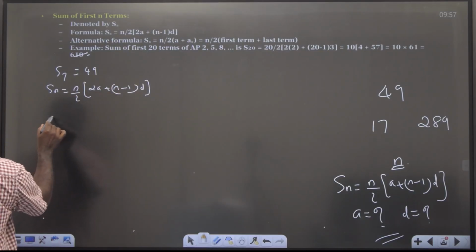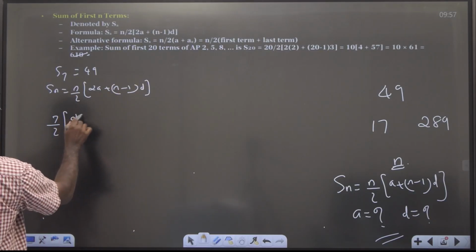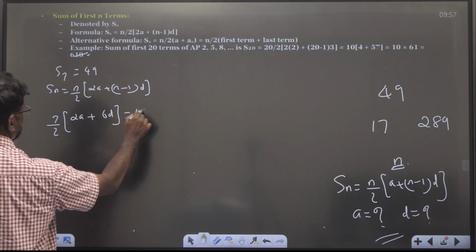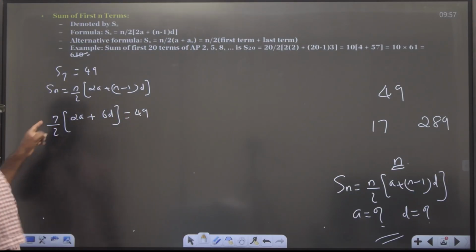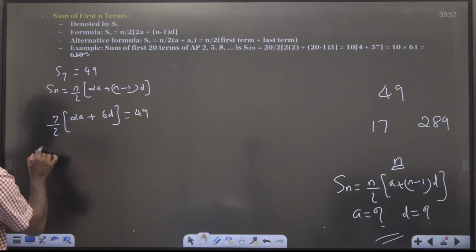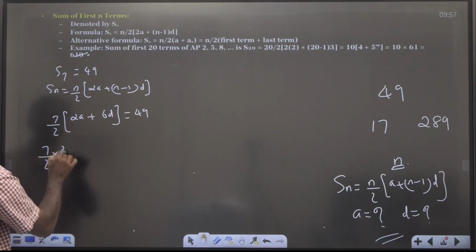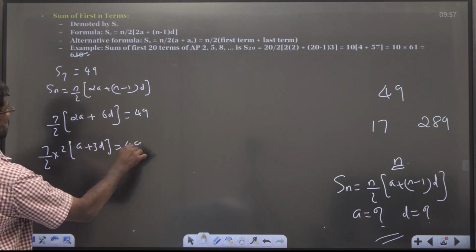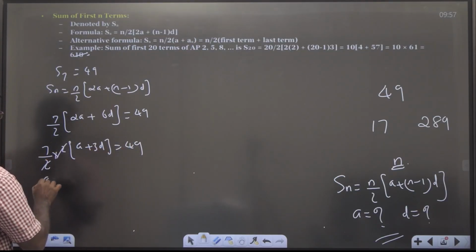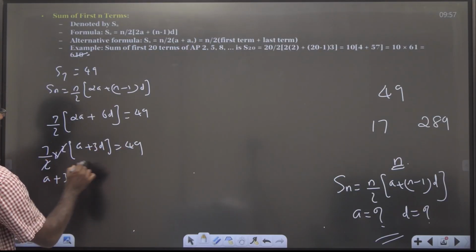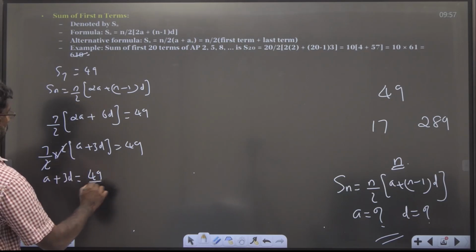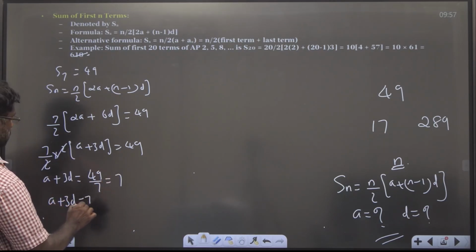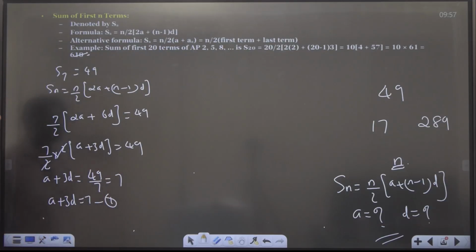S7 means 7 by 2 into (2a plus 7 minus 1, that is 6d), equal to 49. Take 2 as the common factor: 7 by 2 into 2 into (a plus 3d) is 49. 2 can be cancelled. A plus 3d equals 49 by 7, that is 7. One equation: a plus 3d equals 7. Take it as equation 1.